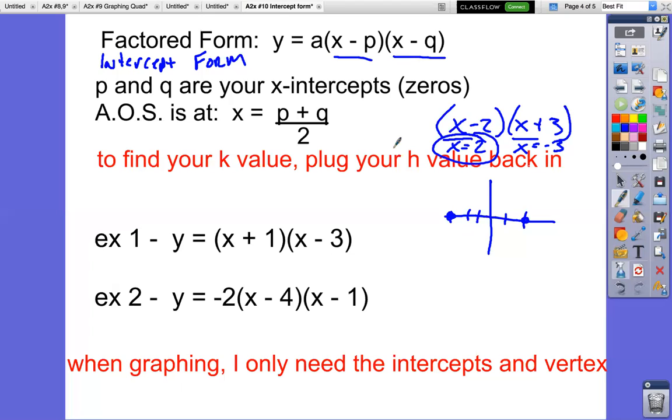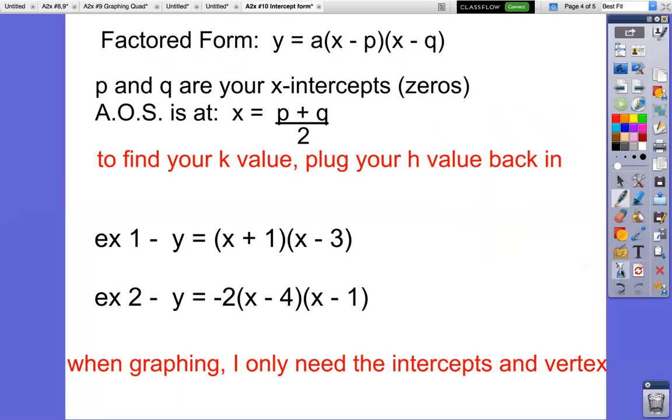Now, let's go ahead and do a couple of these. Remember, P and Q, the opposite of what you see in here, are going to be your zeros. Your axis of symmetry, also known as your H value, you take P plus Q and divide it by 2. So let's do this again.